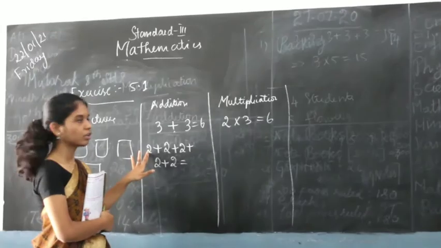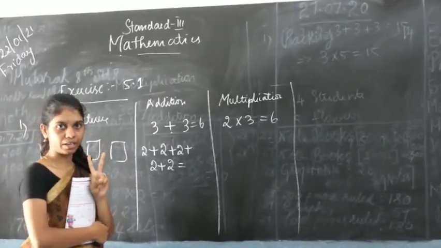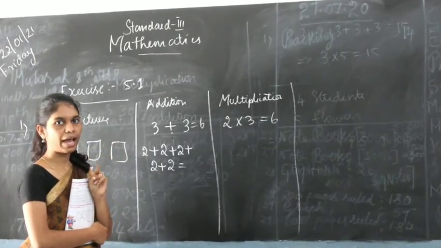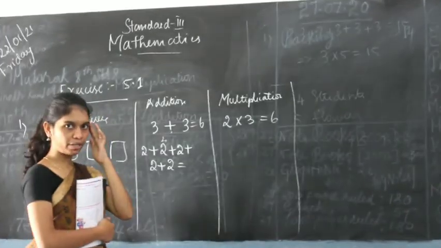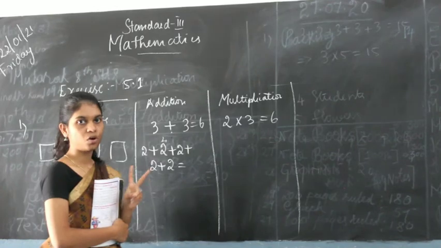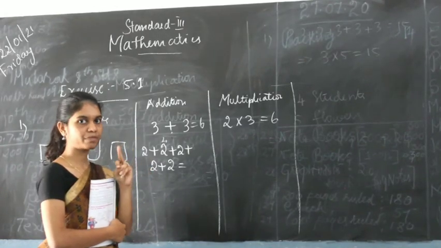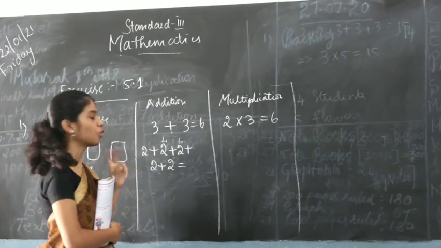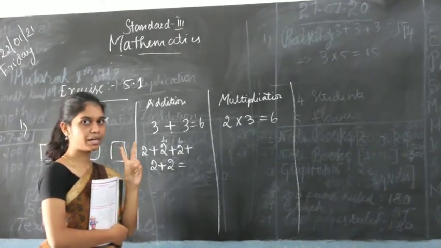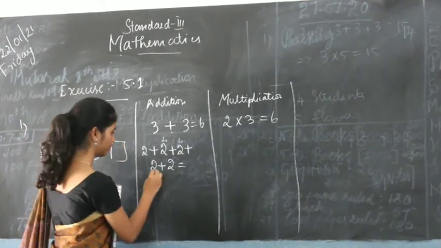Now 2 in your mind, 2 in your finger. 2 after 3 and 4. You got 4 here. Then 4 in your mind, 2 in your finger. 4 after 5, 6. Now 6 in your mind, 2 in your finger. 6 after 7 and 8.